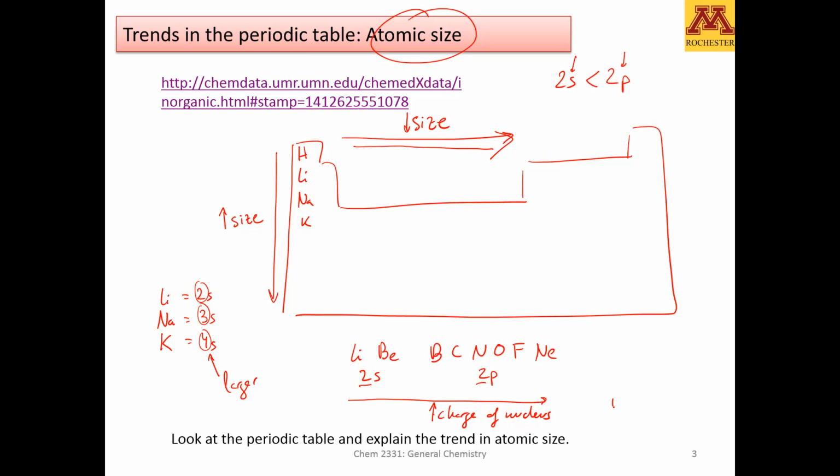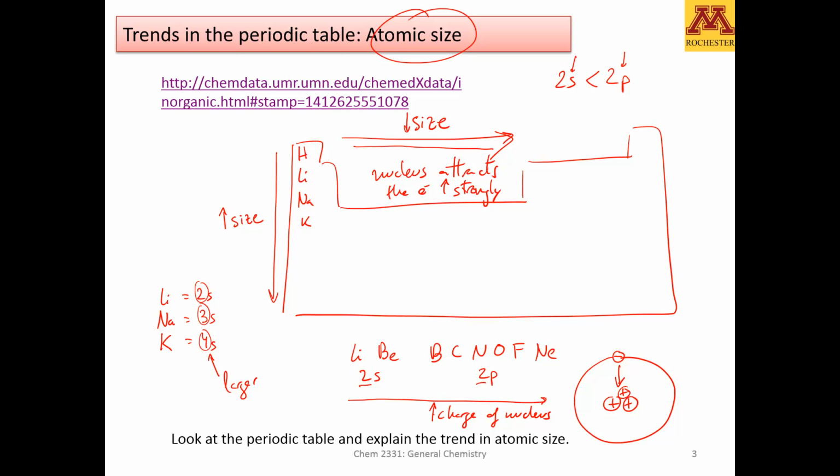So if you keep adding positive charge in the nucleus and the electrons are at the same size, the nucleus will be able to attract those electrons more strongly. Therefore, it will shrink the element. The electrons will feel more attracted and get closer to the nucleus, and this is why as you go from left to right the size decreases.